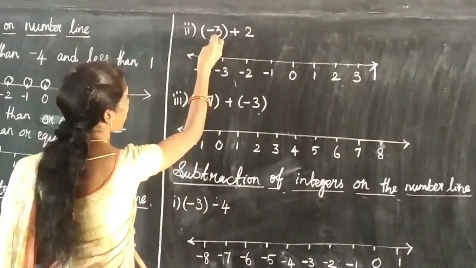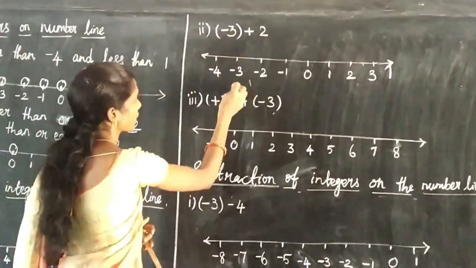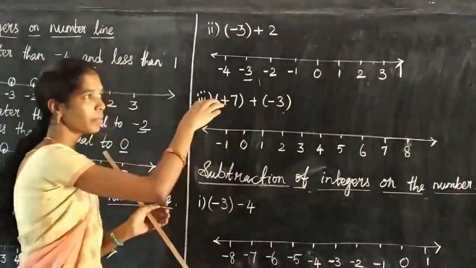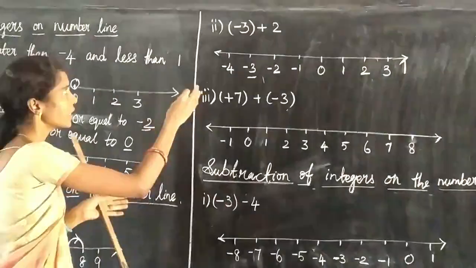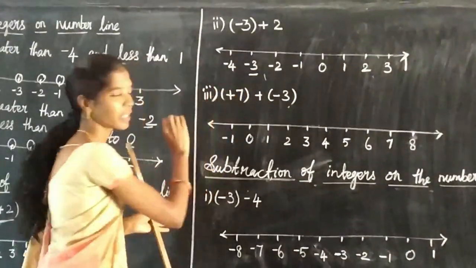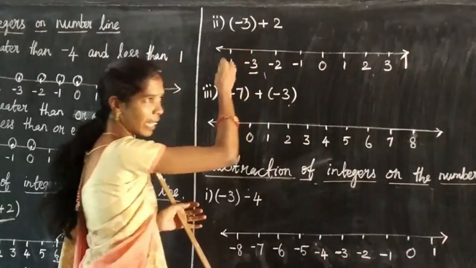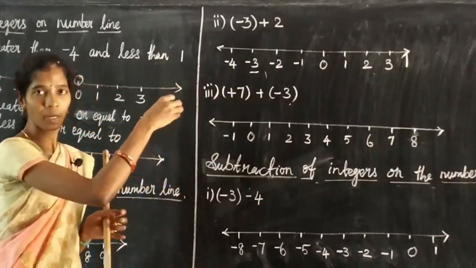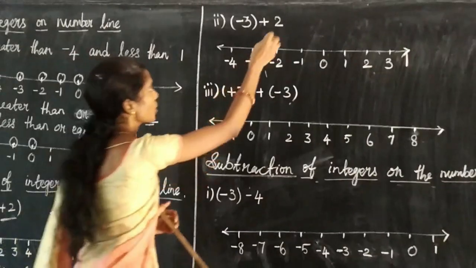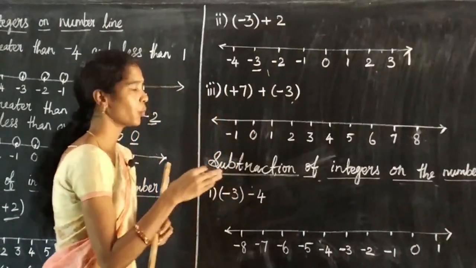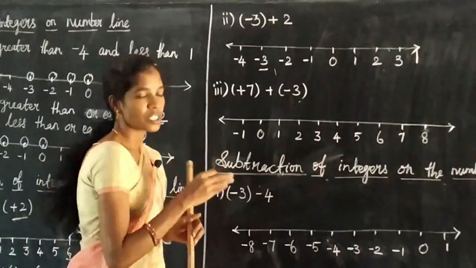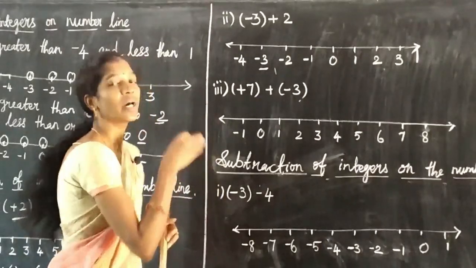Now, we have to start at -3. Okay. Whatever number is given first, we have to start from that number. Then we have to look at the second number, which we are adding, whether it is a positive number or a negative number. This one is also a positive integer. So, we have to add a positive integer, so we move to the right side.